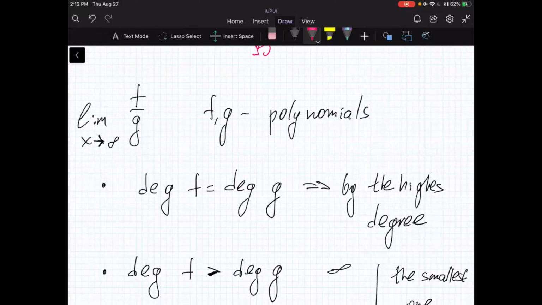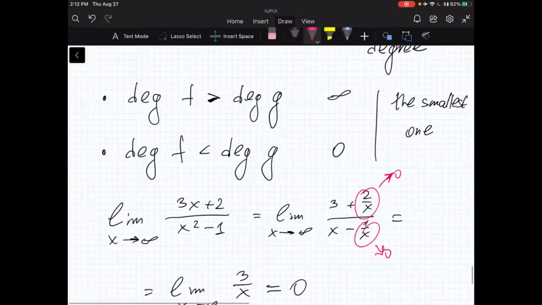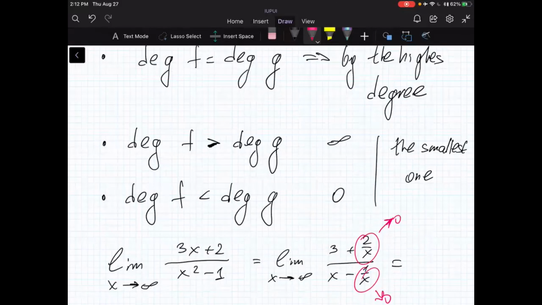I think in the L'Hopital rule, it will even prove this kind of theorem that if you have a ratio of two polynomials and if degree of one is greater than degree of another, then the limit when x goes to plus minus infinity will be either 0 or plus minus infinity. Depends on the situation that we discussed.